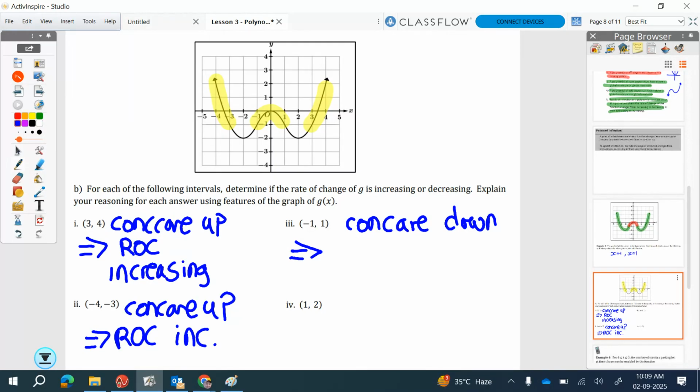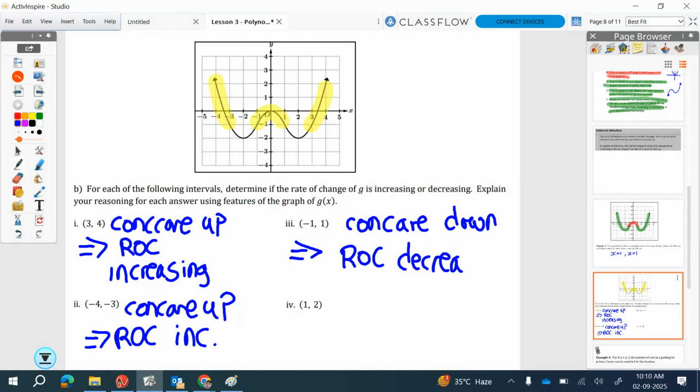You've got to be really careful because you can't just say increasing, decreasing, because the function could be increasing. Here, the function's decreasing, the rate of change is increasing. Here, the rate of change is increasing, and so is the function. Here, the rate of change is decreasing, the function is doing both. The average rate of change is 0. So, the rate of change is decreasing.